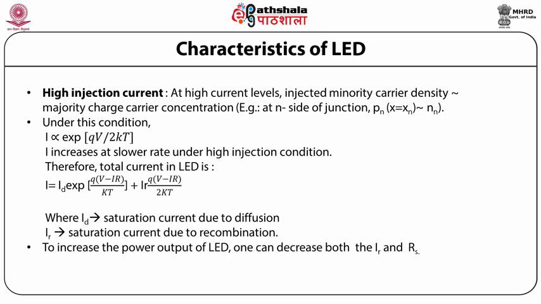Therefore, the total current in the LED is I equal to I_D exponential of q(V minus IR) by kT plus I_R exponential of q(V minus IR) by 2kT, where I_D is the saturation current due to diffusion and I_R is the saturation current due to recombination. So to increase the output power of the LED, one can decrease both I_R and R_S.